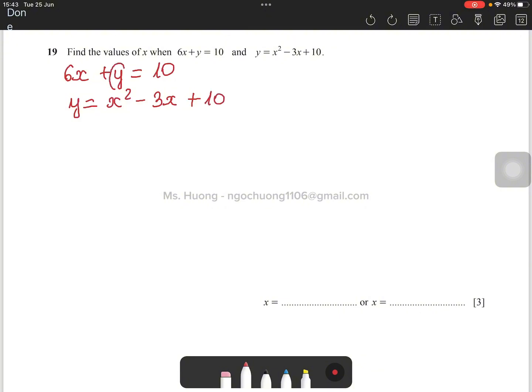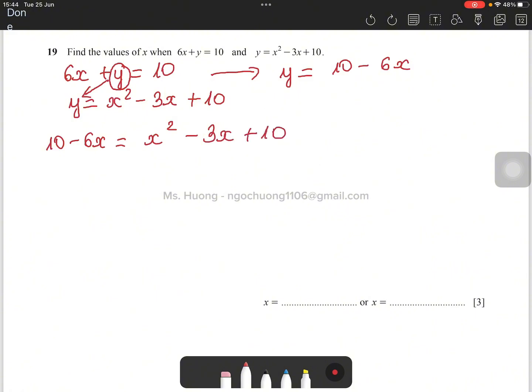We can substitute y into the second equation. From the first equation, we see that y is 10 minus 6x. So now we'll substitute 10 minus 6x into y. And this is x squared minus 3x plus 10.